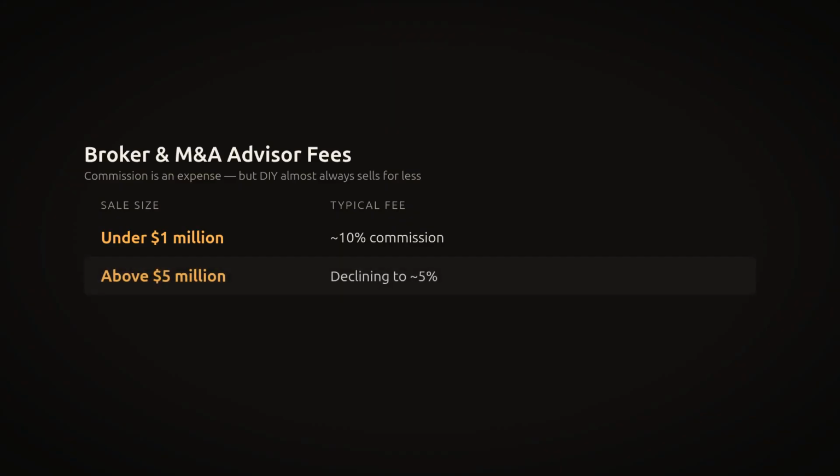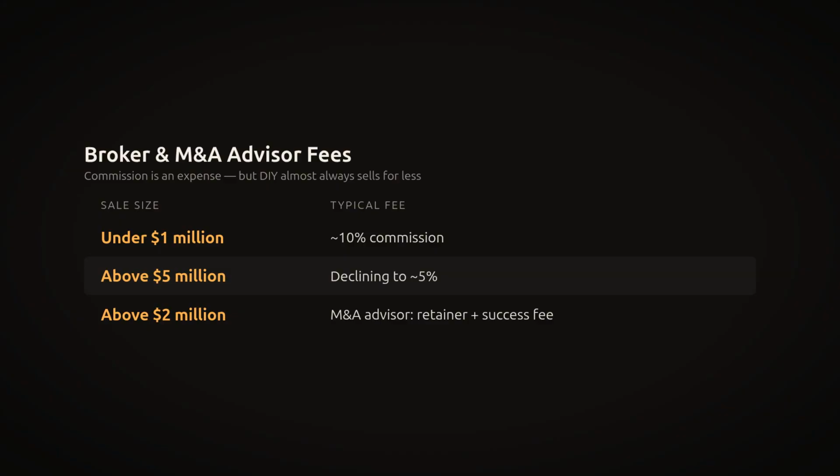Hire a business broker or M&A advisor for the sale, not a general practice attorney or accountant. Business brokers work on commission, typically 10% of the sale price for businesses under $1 million, declining to 5% above $5 million. An M&A advisor for businesses above $2 million typically charges a retainer plus a success fee.